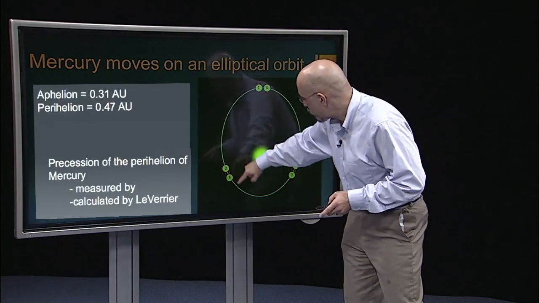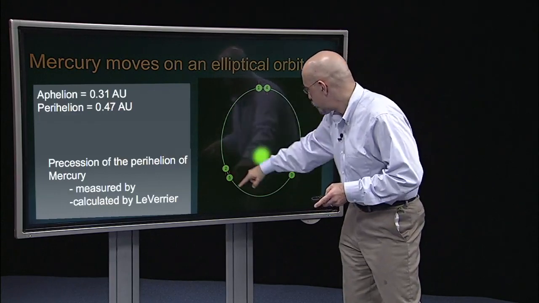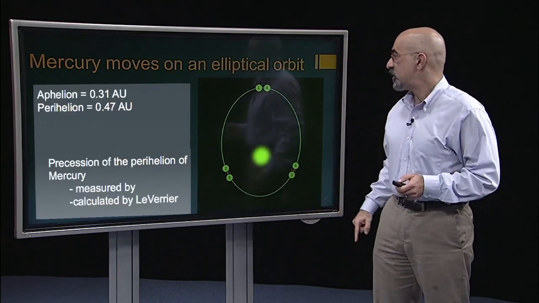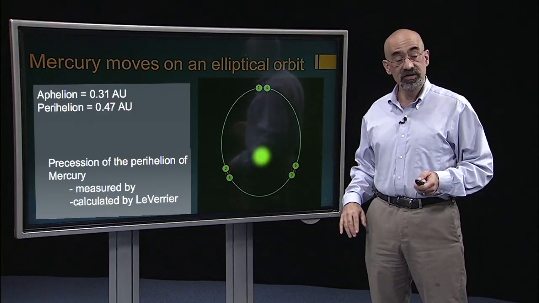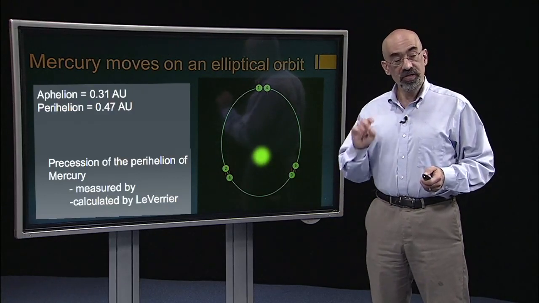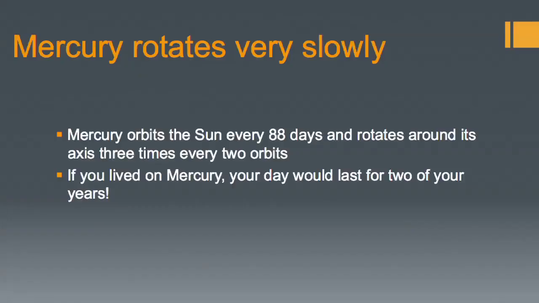The ellipse slowly moves around. And this precession, which was first characterized in the late 19th century, is one of the things that led Einstein to his theory of general relativity. And one of the successes of the theory of general relativity is that it explains Mercury's precession.